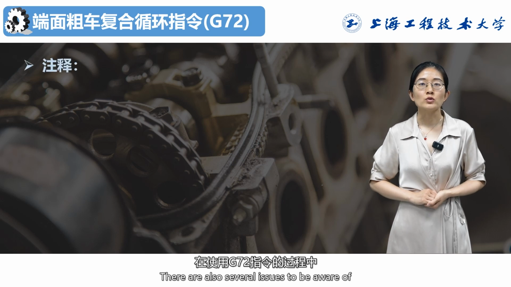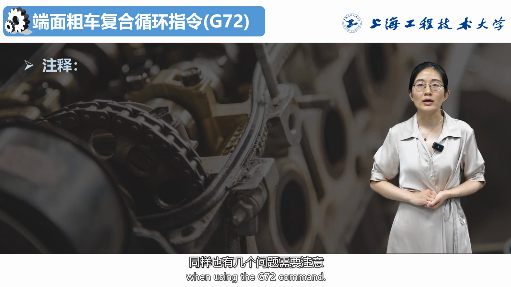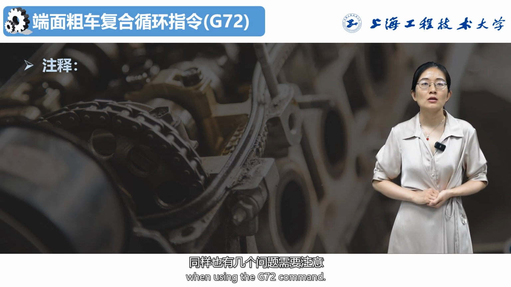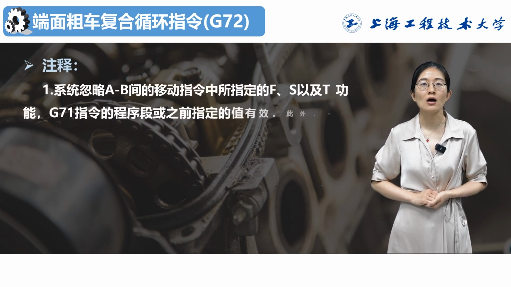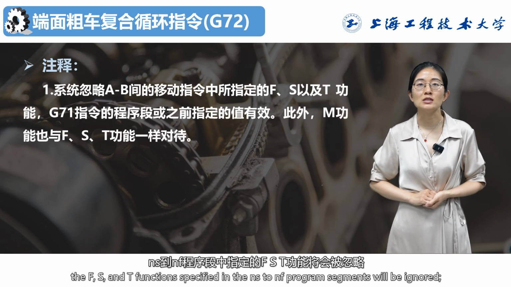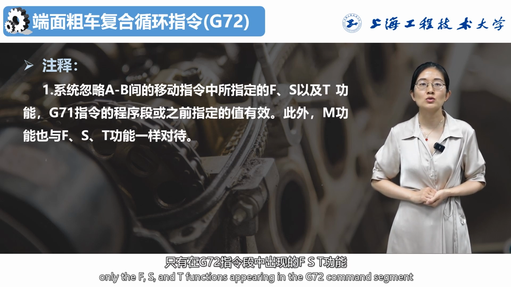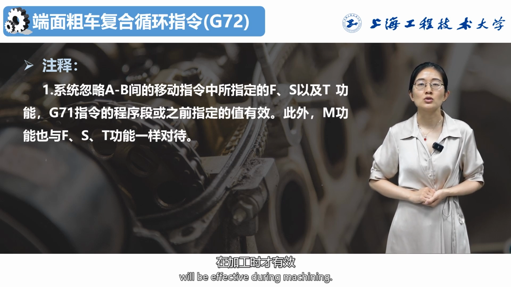There are also several issues to be aware of when using the G72 command. During the rough turning process, the F, S, and T functions specified in the NS to NF program segments will not be effective; only the F, S, and T functions appearing in the G72 command segment will be effective during machining.